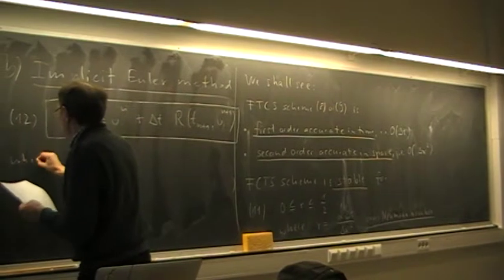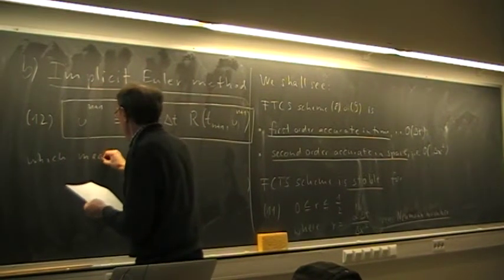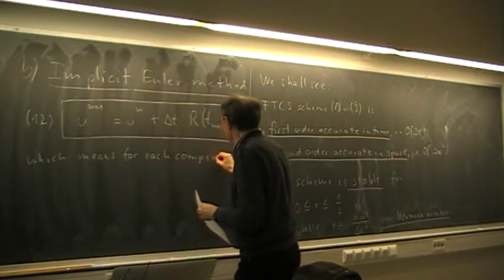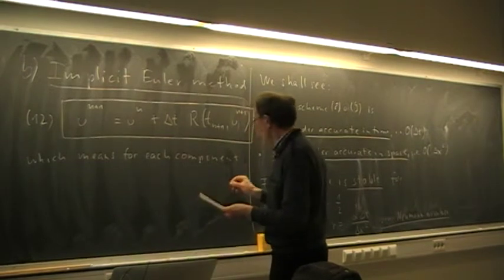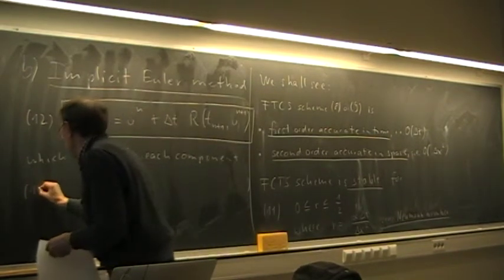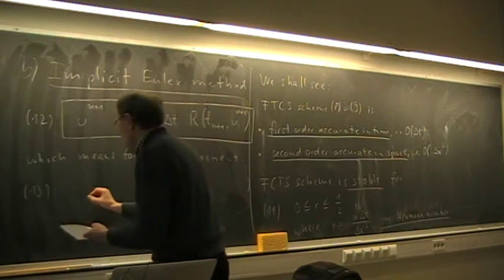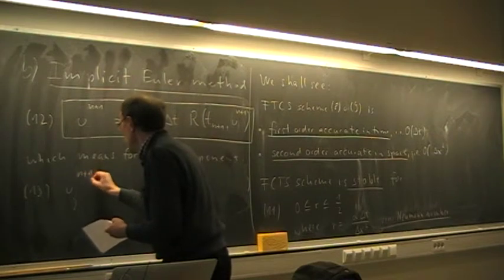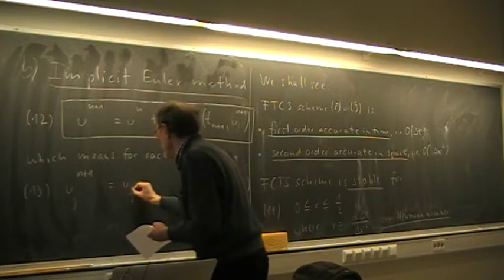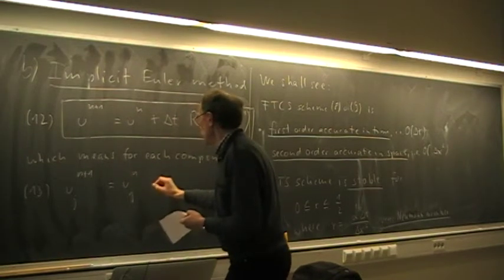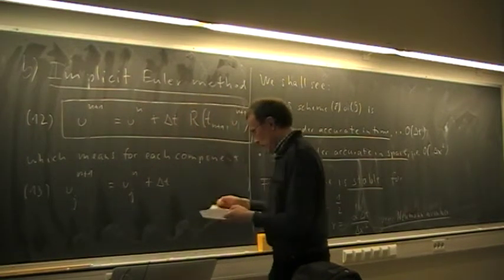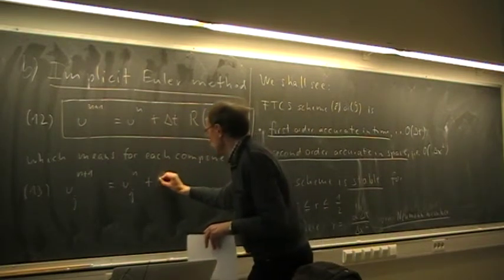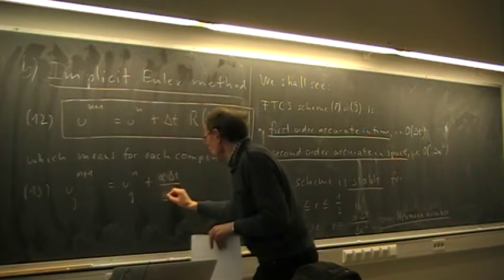And that means for each component the following. At the grid point j, the approximation there, u_j at the new time level n plus 1, is equal to the one at that grid point at the old time level plus delta t, and now again multiplying also with the other terms that are here, which is then alpha delta t divided by delta x squared.